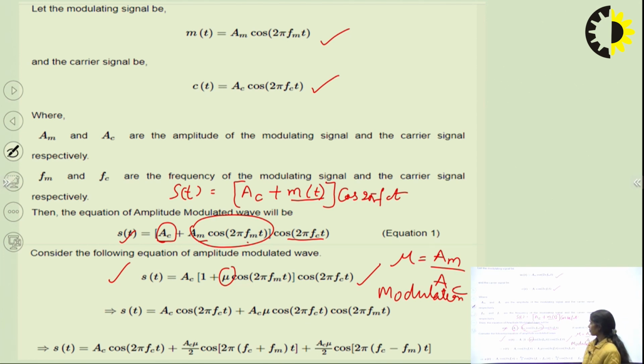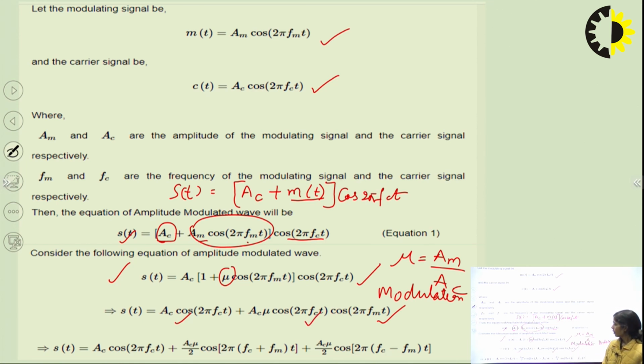If I split this equation again, it can be written as AC cos of 2 pi fc t plus AC mu cos of 2 pi fc t cos of 2 pi fm t.